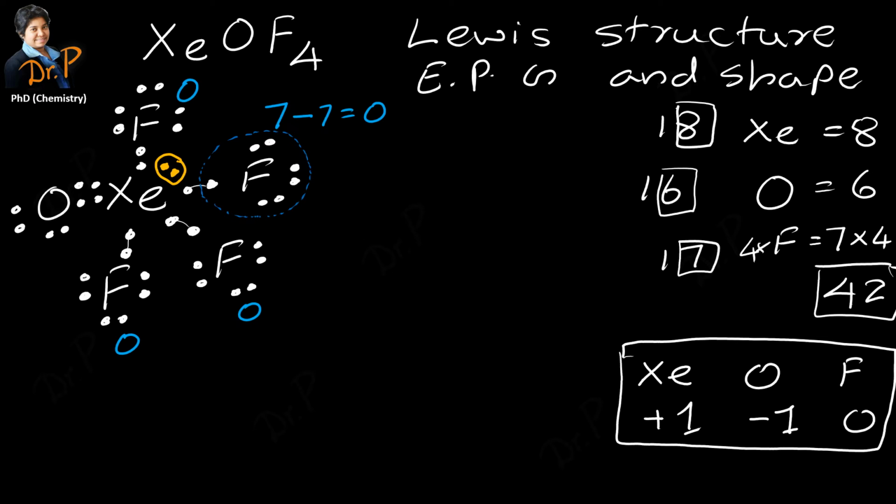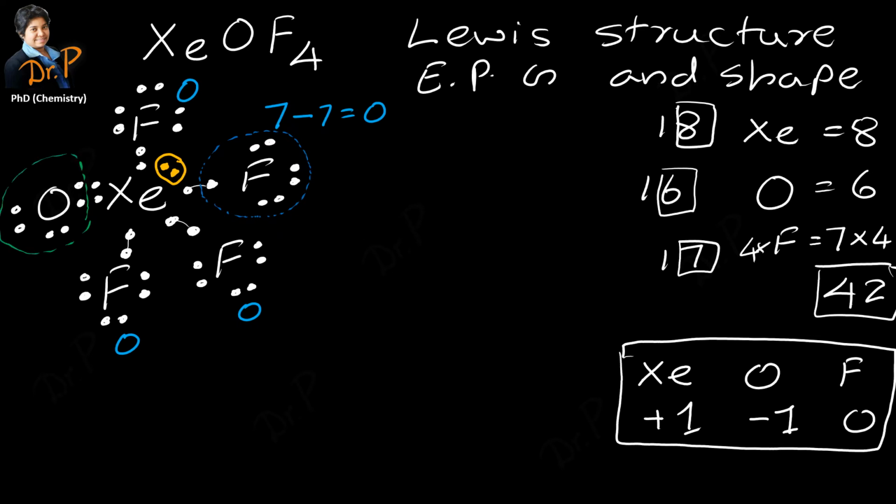Now I can calculate the formal charge again. If I calculate the formal charge around oxygen, remember from each bond the atom owns only 1 electron. So I'm going to draw my line like this.